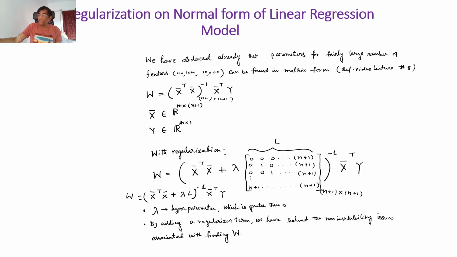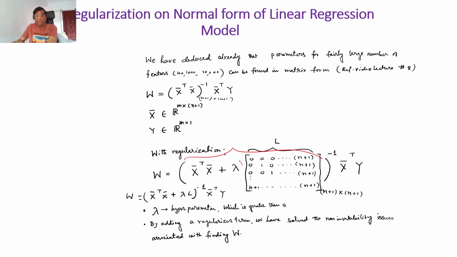Okay, and in case of normal form of equations, recapitulate. We have discussed how to determine this parameter, and simply we put here a regularizer term, which is a penalty lambda times an identity matrix, which will save the determinant of this matrix from singularity.